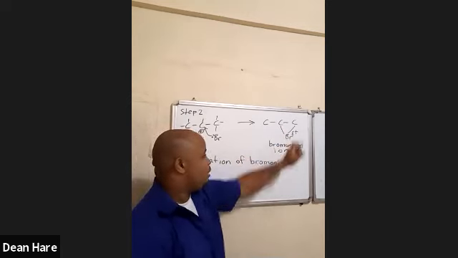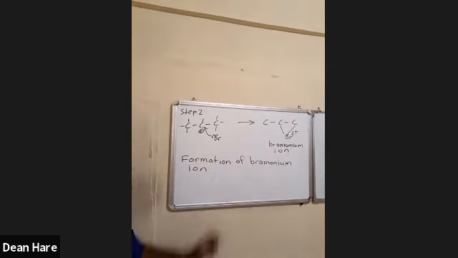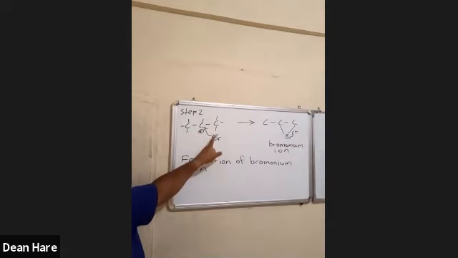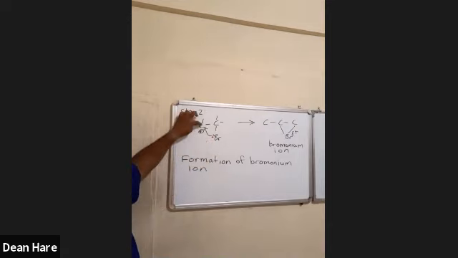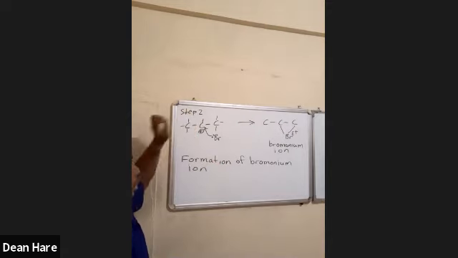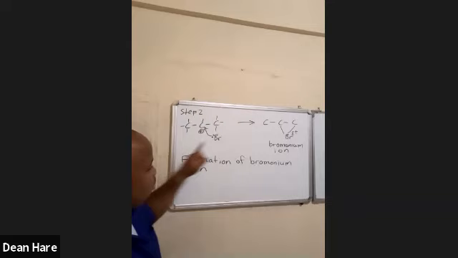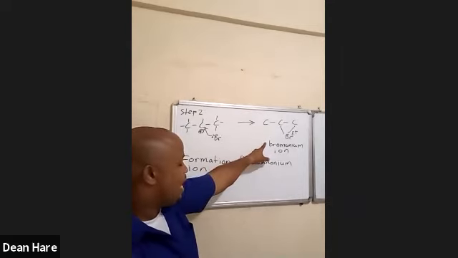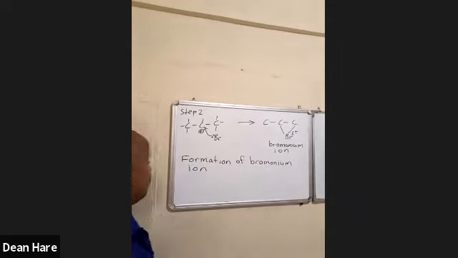It has a positive charge. In this step, all you do is a dative covalent bond is formed between this bromine atom and the adjacent carbon atom to give us the bromonium ion.